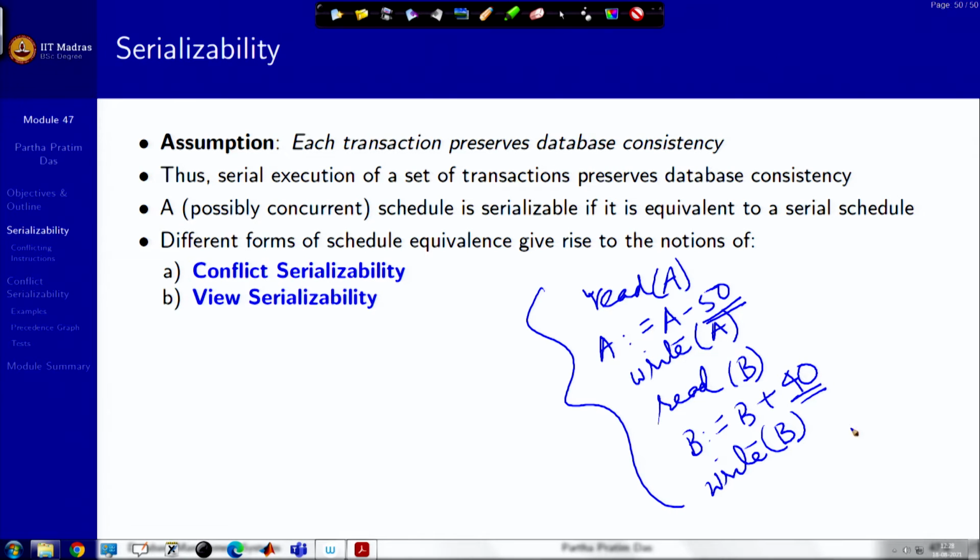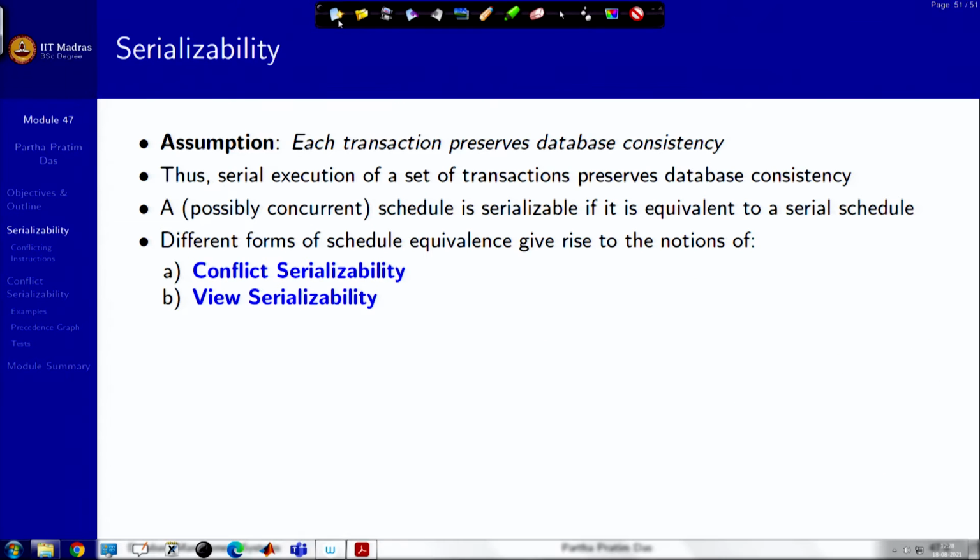So, A plus B here will be less by 10, right. That has got nothing to do with concurrency or anything. This inconsistency is due to a fallacious transaction.